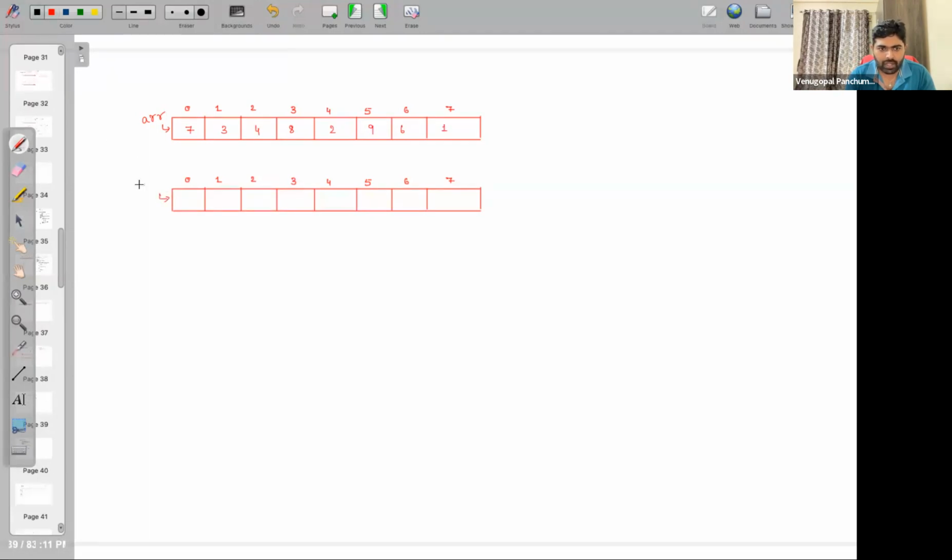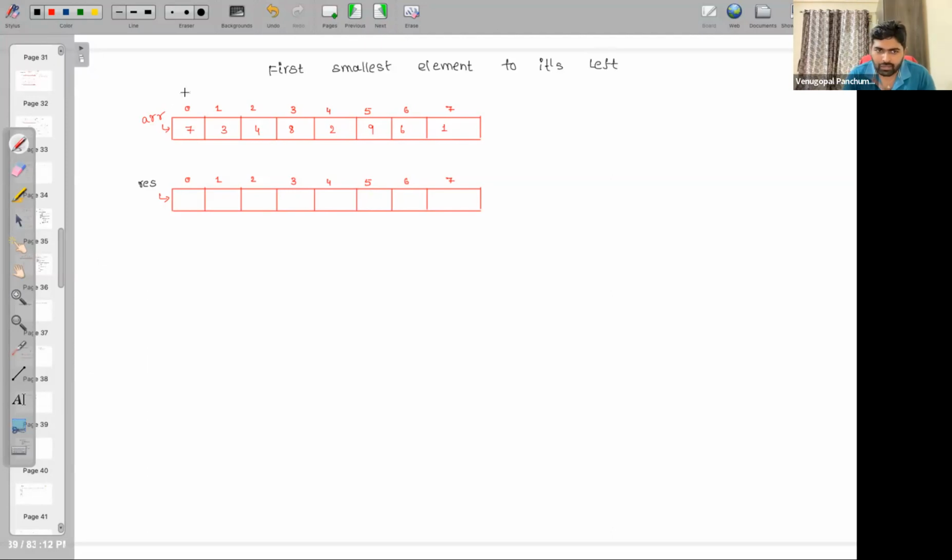Now see the output array result. So I can call the same problem as first smaller element to its left.